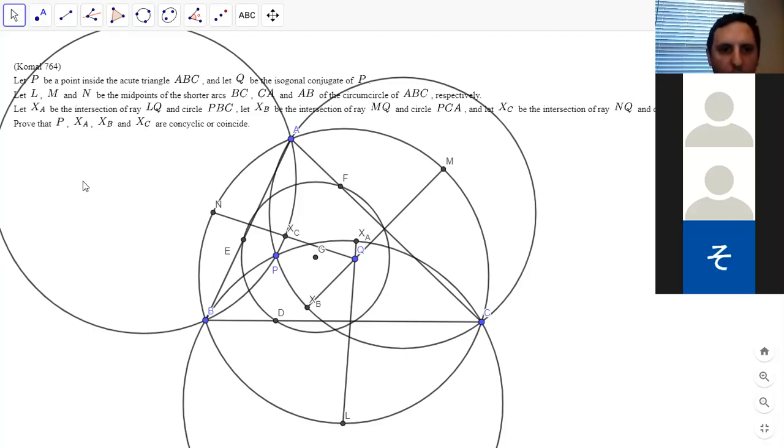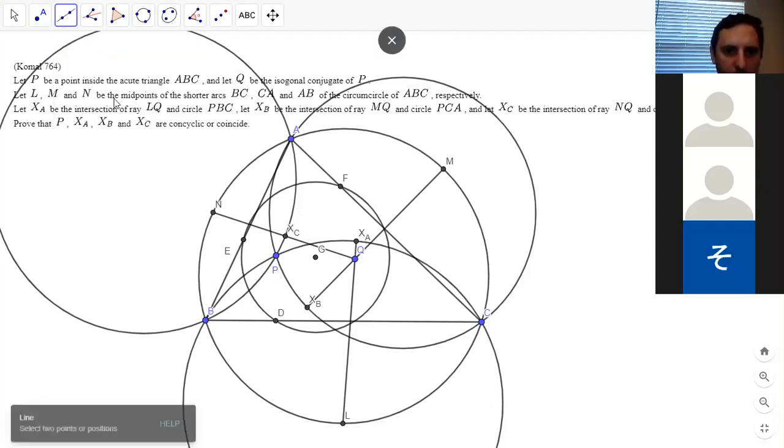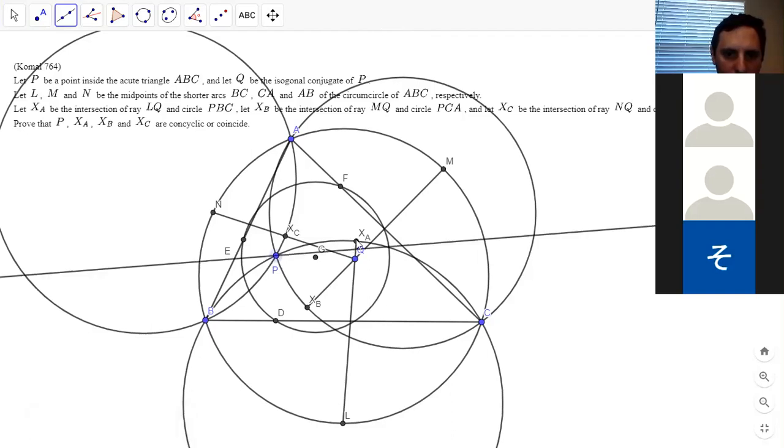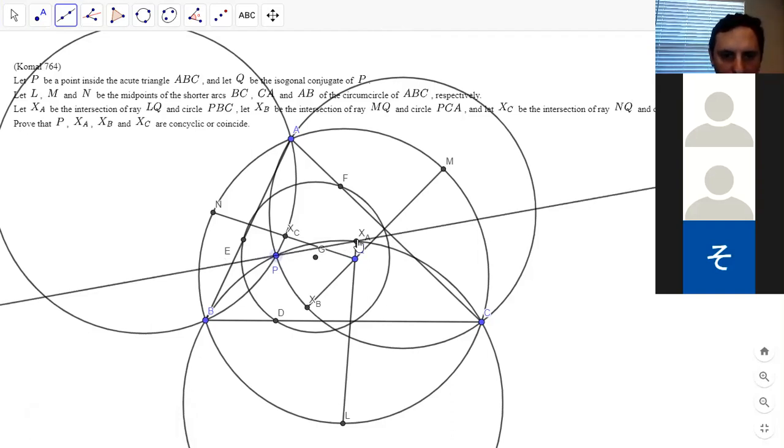Maybe there's some kind of homothety about P, because G is the midpoint of PQ.